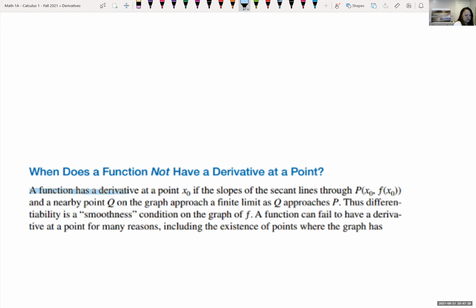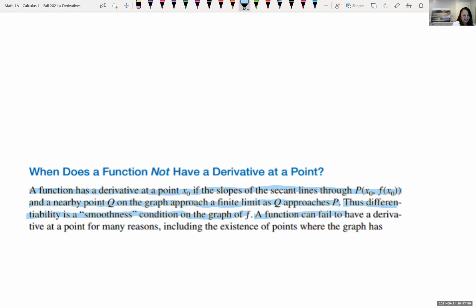A function has a derivative at a point x0 if the slopes of the secant lines through that point P, (x0, f(x0)), and a nearby point Q on the graph approach a finite limit as Q approaches P. Thus differentiability is a smoothness condition on the graph of f.